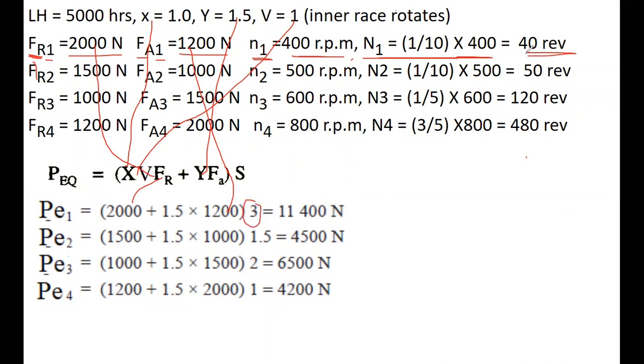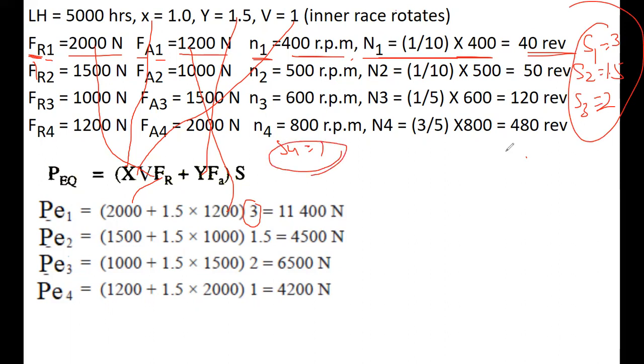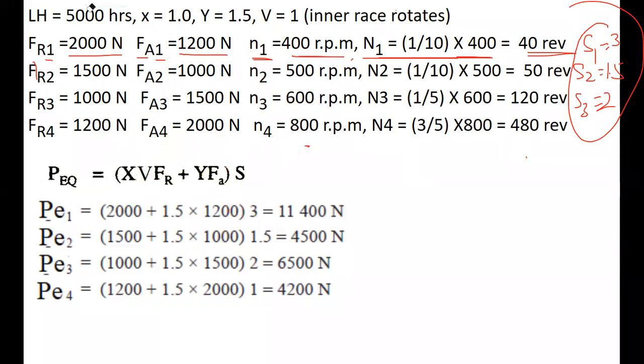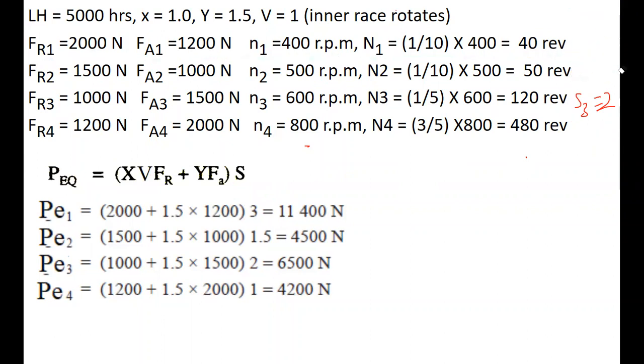So for this, S1 is 3, here S2 is 1.5, S3 is 2, and S4 is 1. This we have taken from the numerical. It's in the given data. I'm not writing down from somewhere else. So we found out our 4 equivalent loads.